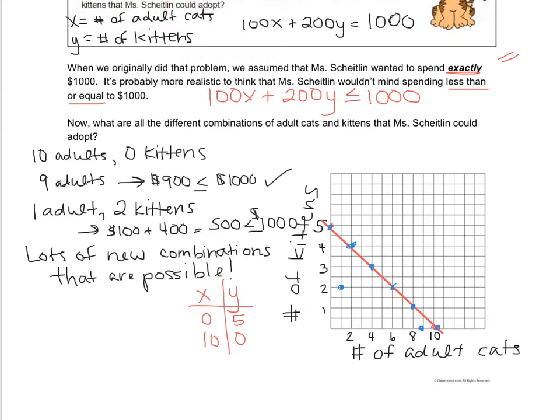And as you might be able to guess, all of the points that are underneath this red line, for example (1, 1), (0, 0), (2, 1), (3, 1), all of these different points here are possibilities for the different combinations of adult cats and kittens that I could get.